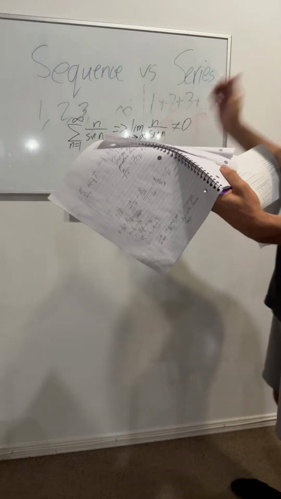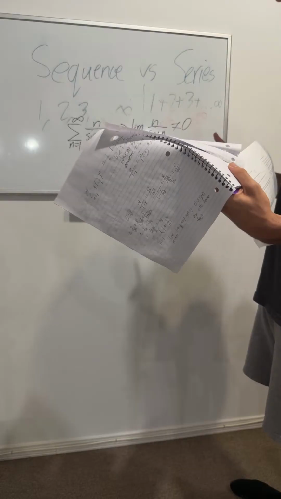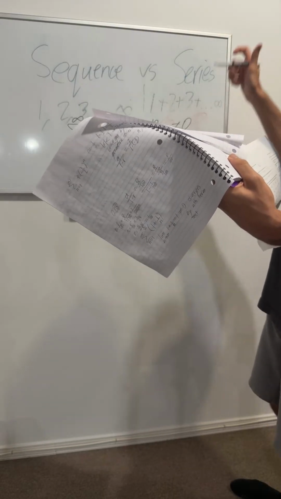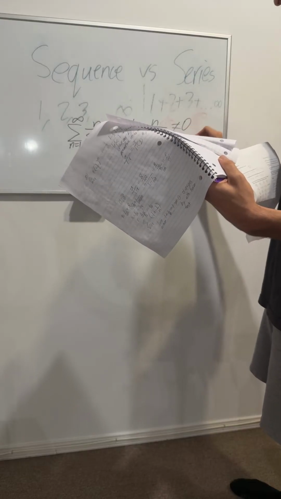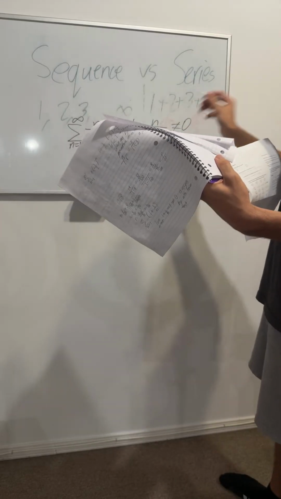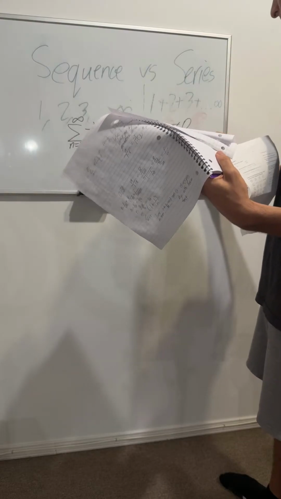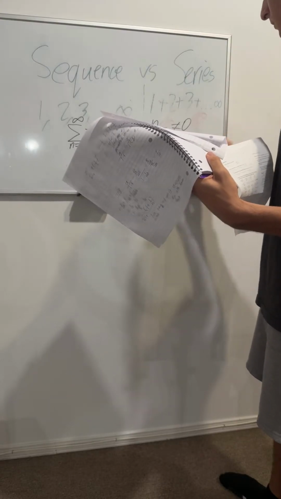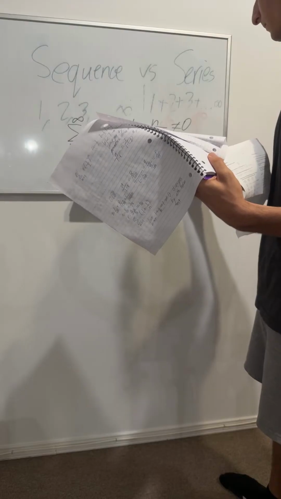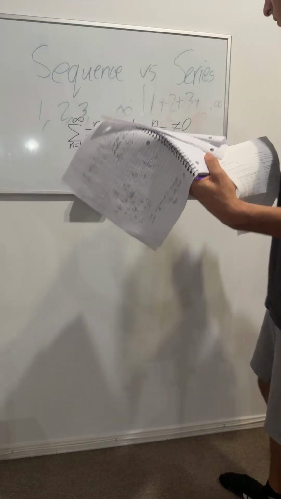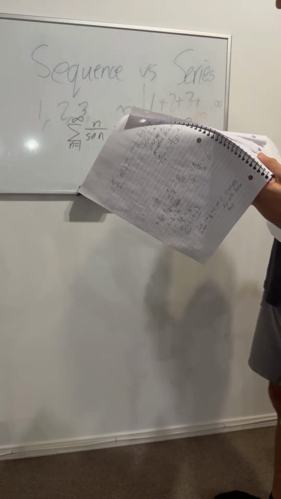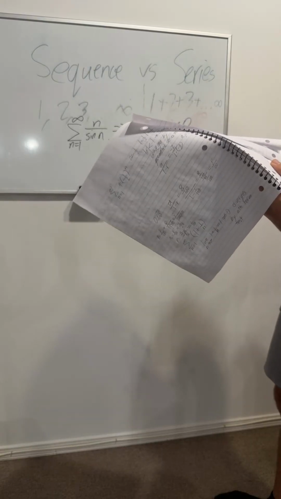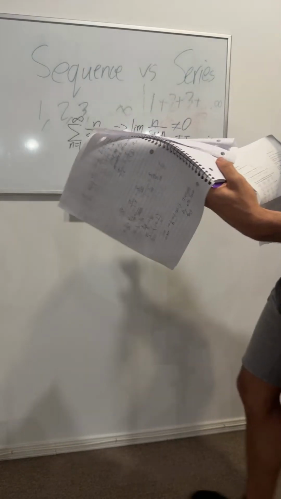Because if the limit is not equal to 0, then we know that by nth term test, this series diverges. Okay, perfect. So that's what we can conclude from this one. And since we know that it diverges, we can also say that there will be no sum. Okay, next.